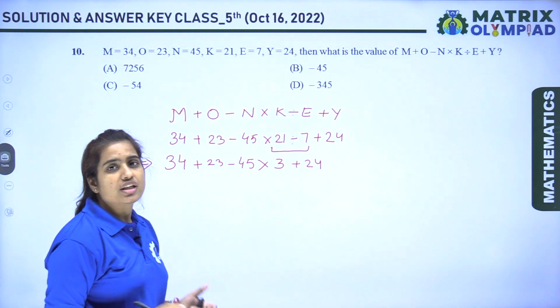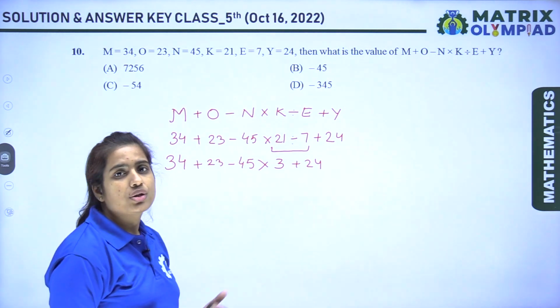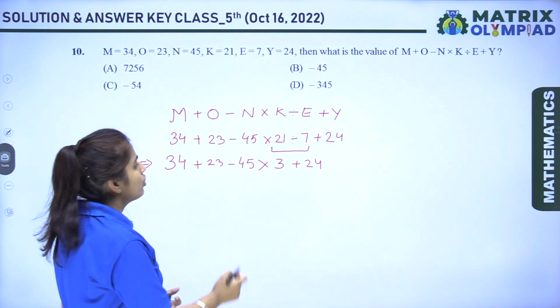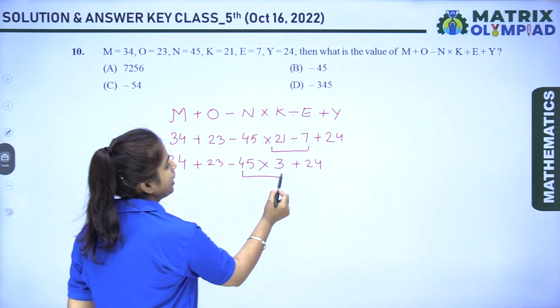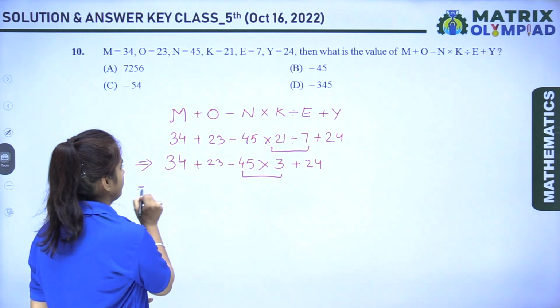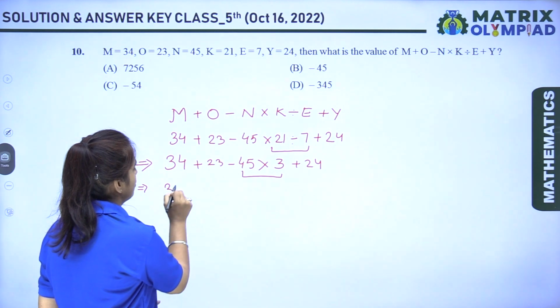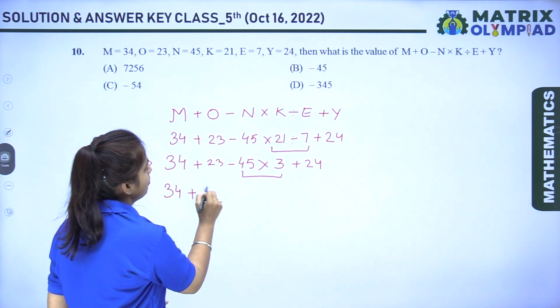Now after division, we move on to the multiplication part. So here we have 45 multiplied by 3. The rest will be the same.